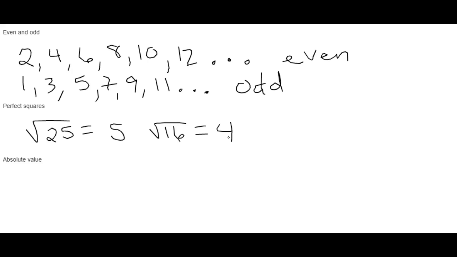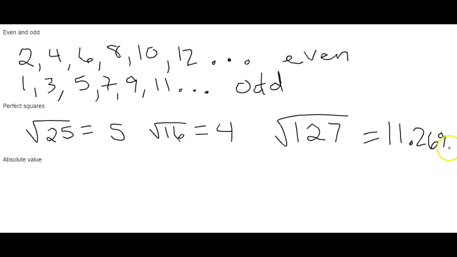If we ask if 127 is a perfect square, when you take the square root of that, it's going to come out as a decimal, 11.269, and again it keeps going forever without repeating. Not a perfect square, it came out as a weird decimal. So always just take the square root of a number to check to see if it's a perfect square.